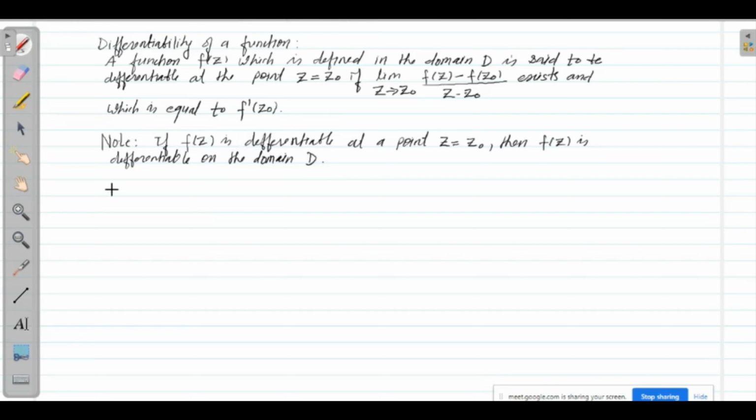Getting? Okay. Now let us do some example based on this, then we can understand what is the differentiability of the function.